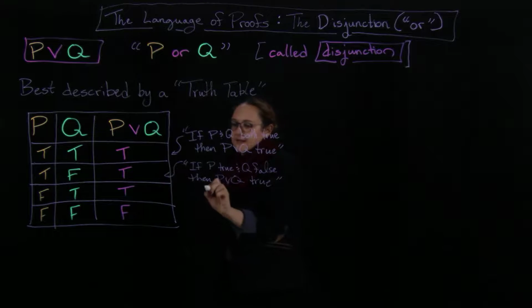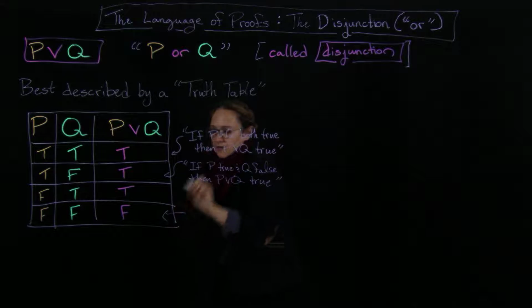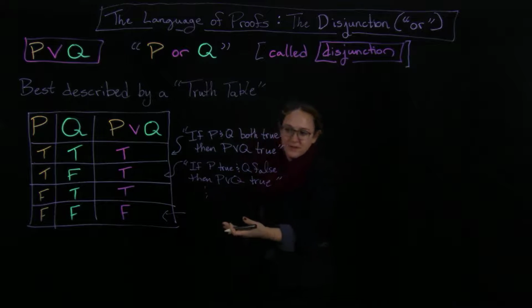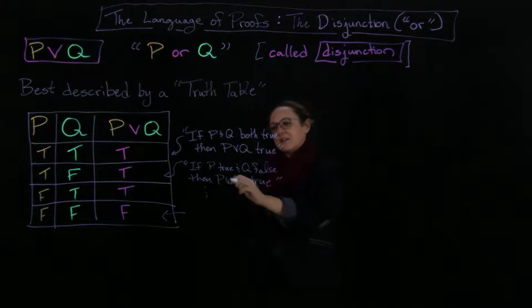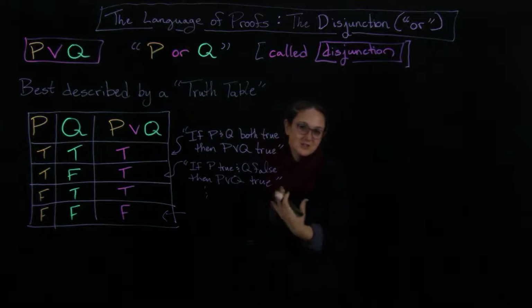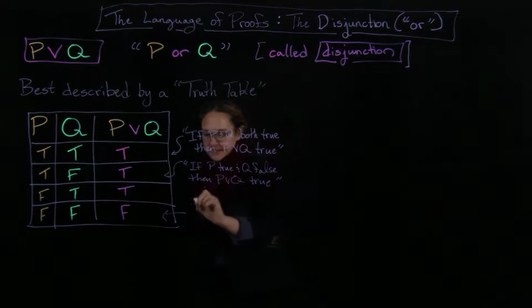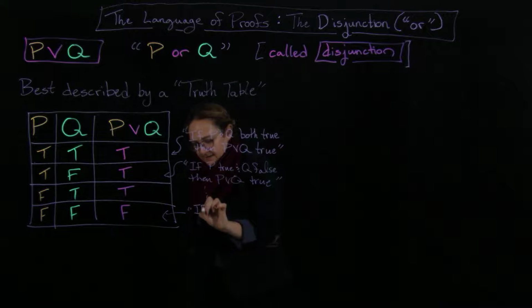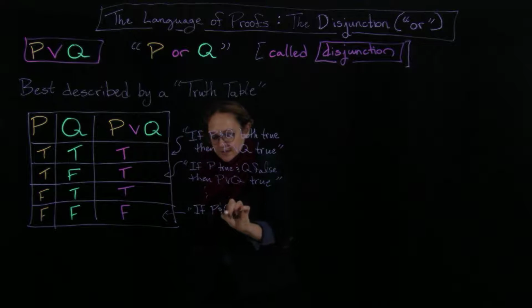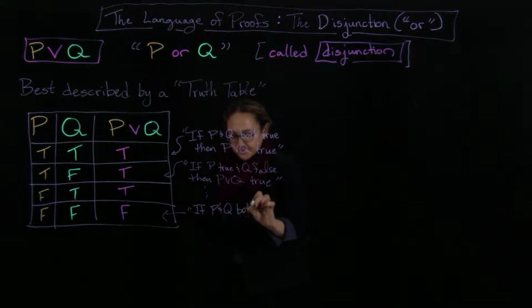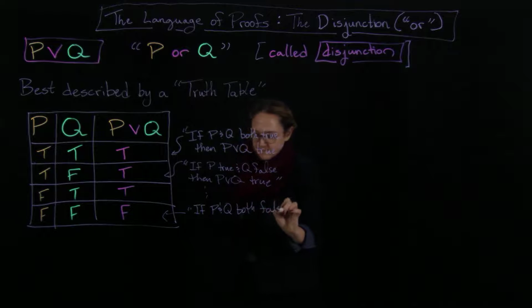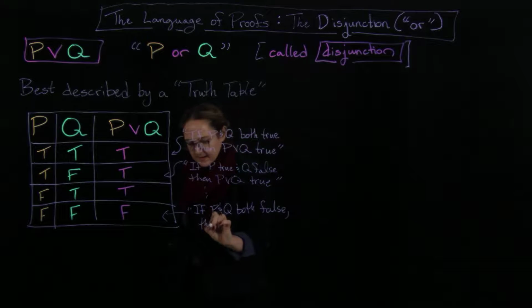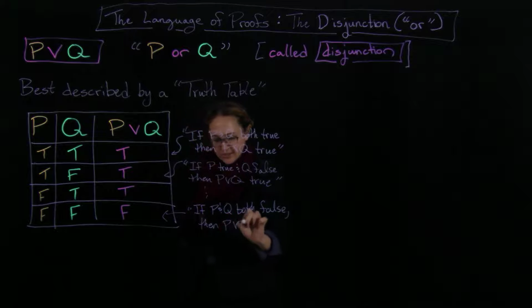This one is similar: if Q is true and P is false, then their disjunction is also true. And the last one is if P and Q are both false, then their disjunction is false.